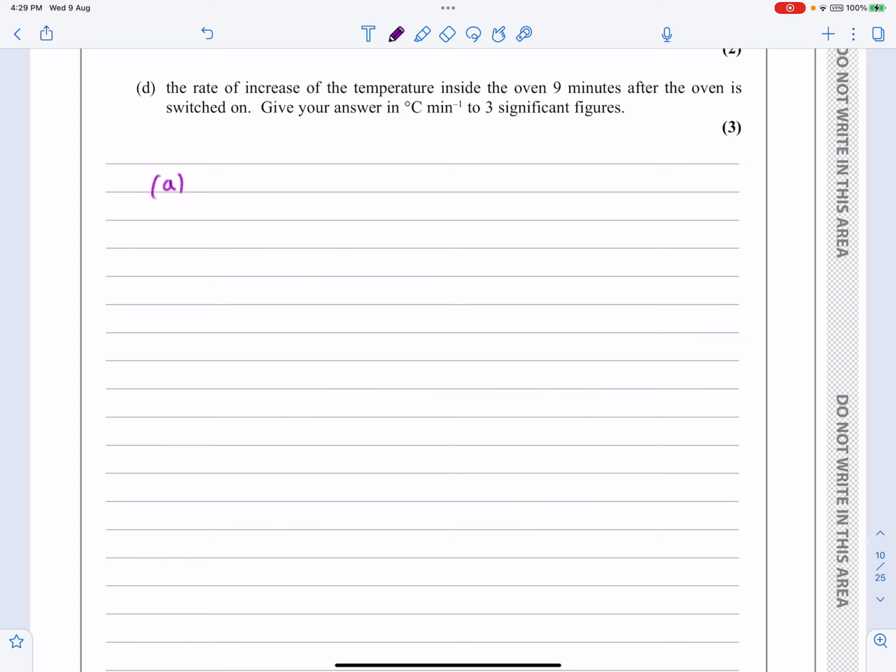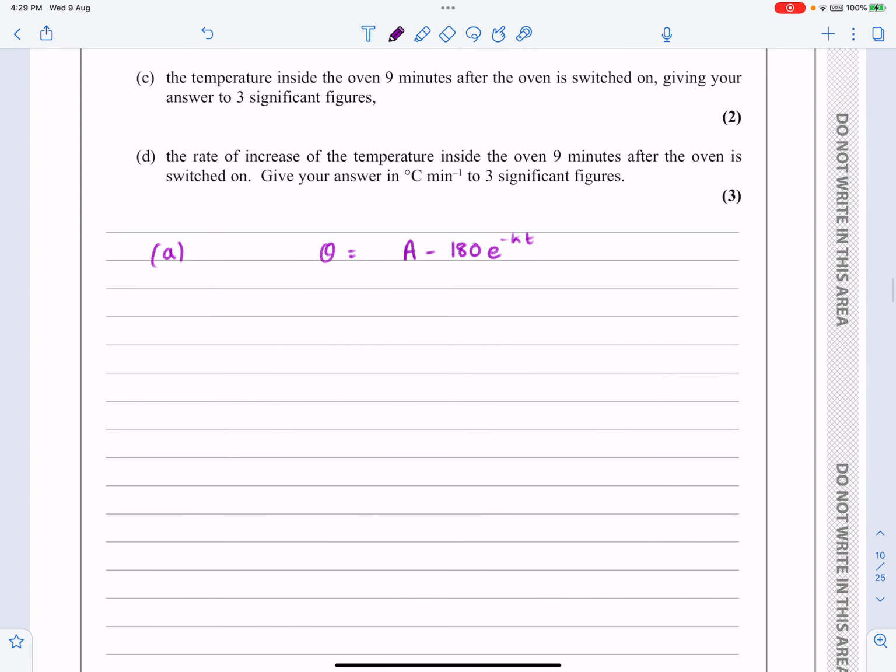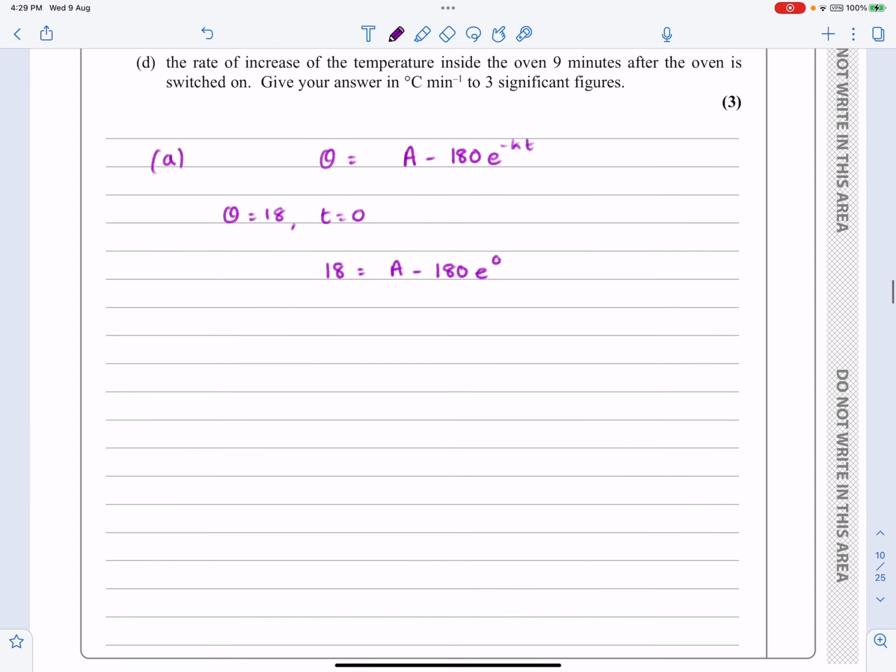So for part a, we've got that theta is equal to A minus 180 e to the minus kt, but then because they tell me initially that theta is equal to 18 when t is equal to 0, if I put that in, I get that 18 is A minus 180 e to the minus kt, but because t is 0, it just becomes e to the 0 there.